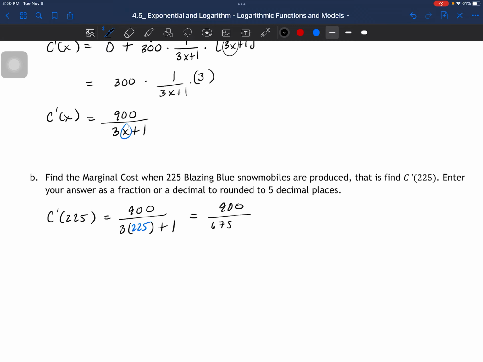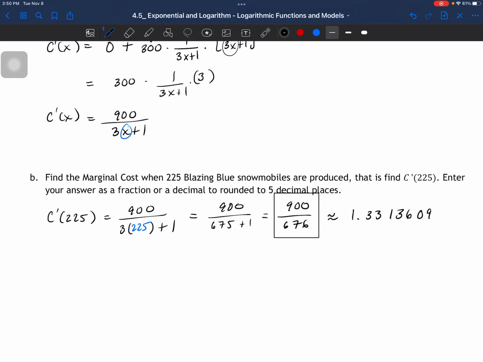Where we see an x, we replace it with 225, and then we can compute this: 900 is 900, and 3 times 225 is 675, plus 1 is 676.